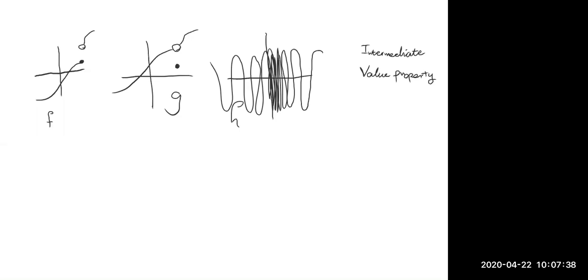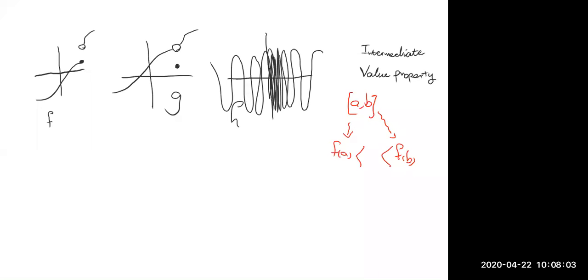Now look at the function here. The intermediate value property says for any interval a and b, if we look at f of a and f of b, well, without loss of generality, let's say f of a is less than f of b. The other case is similar.